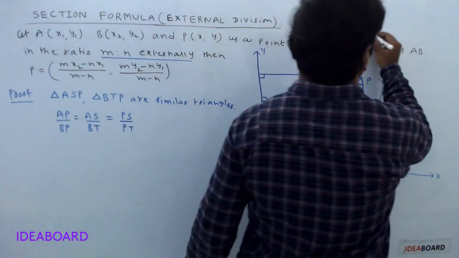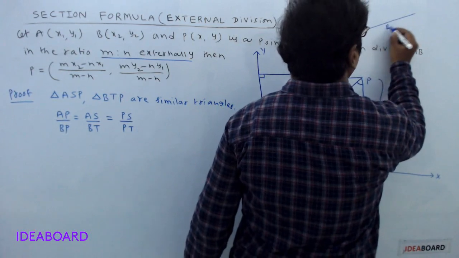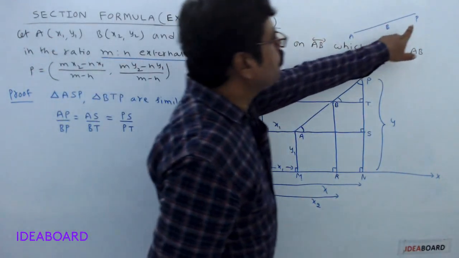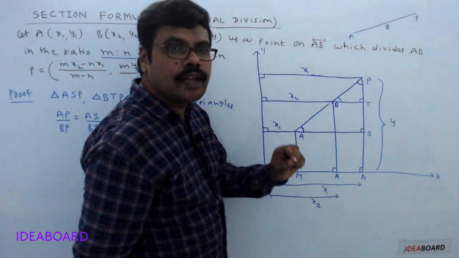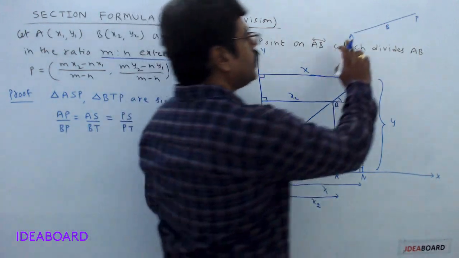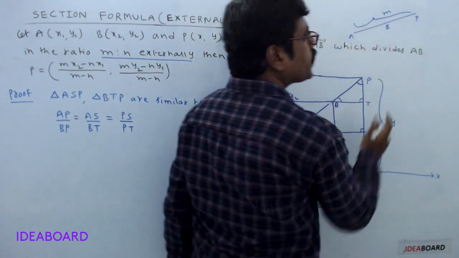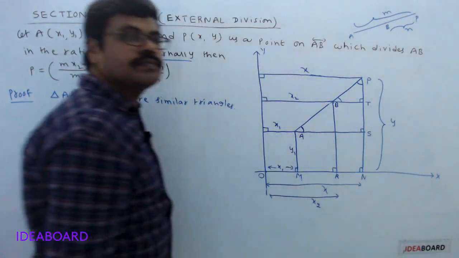This is A, B, P. Point P divides AB in the ratio m:n externally means distance from A to P is m units, distance from P to B is n units.